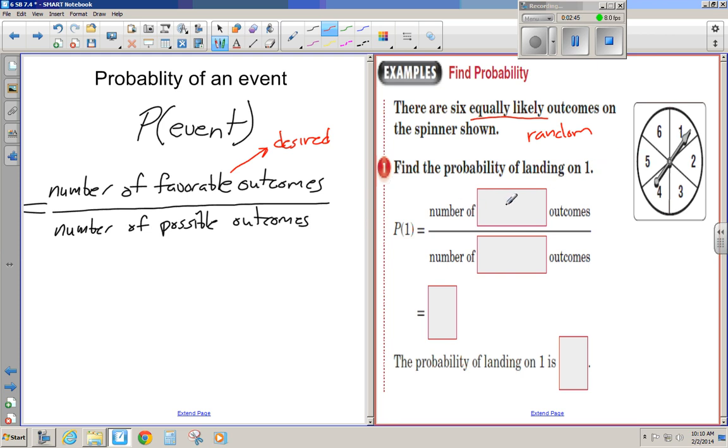The definition is the number of desired or favorable outcomes divided by the number of possible outcomes. Looking at this, 1 happens once. But there are 1, 2, 3, 4, 5, 6 possible outcomes. So the probability of landing on 1 is 1/6.